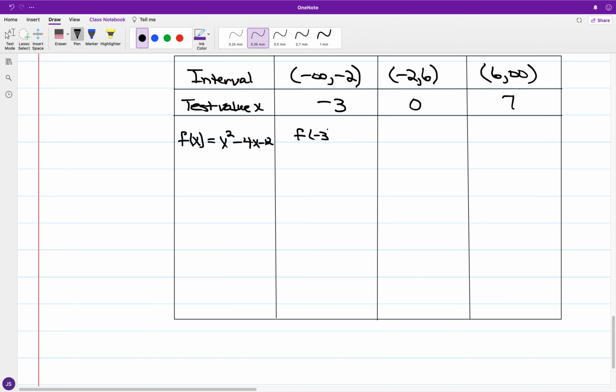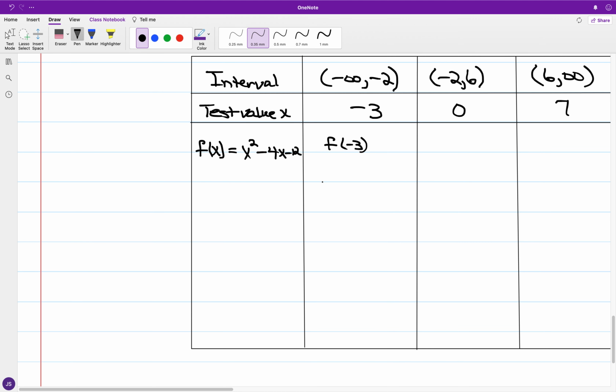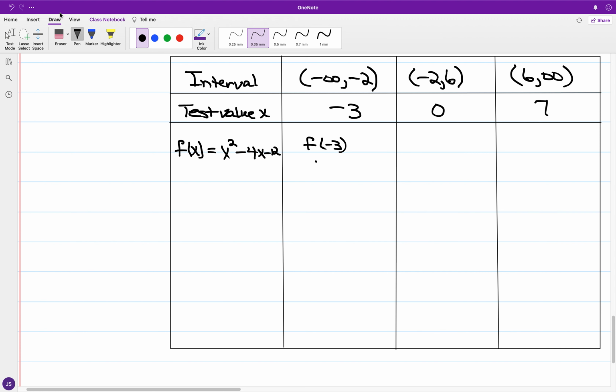Now for f of -3, if I plug in -3 for x, I have the square of -3 minus 4 times -3 minus 12.